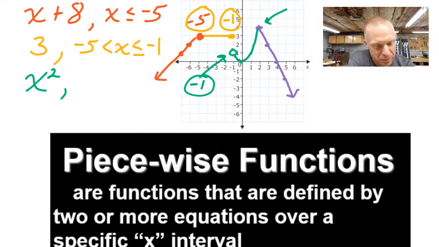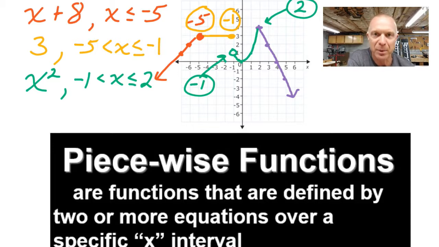The x value to the right would actually be an x value of 2. You want to think of that parabola as being between -1 and 2. And we can say that once again using inequalities. Now, notice again that I am using a less than sign because it's an open circle, but I'm going to use a less than or equal to sign at the end of that parabola because it actually equals that point.